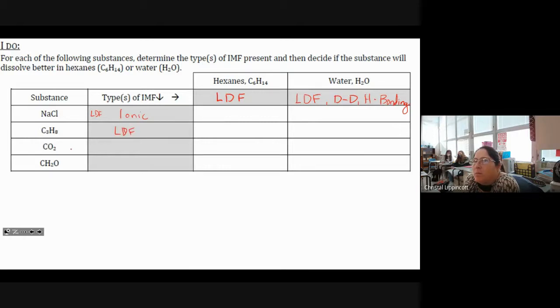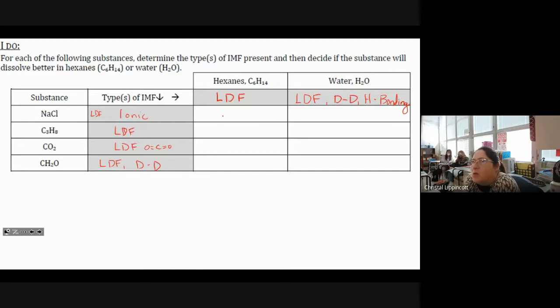What is this one? LDF only, yep, because if you draw it out, it's double bonded to your oxygens, and on your carbon there's nothing. So it's just LDF. And then what about this one? LDF and dipole-dipole. Yep.